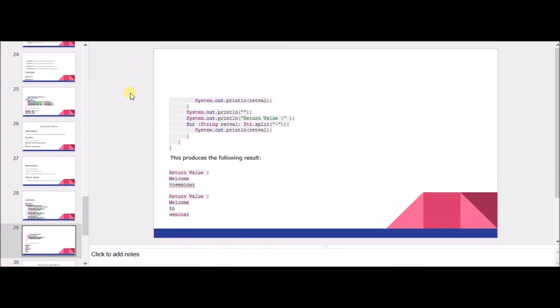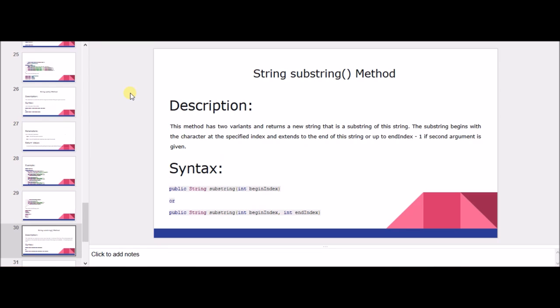Moving on to the next method. The next method, and the last method that we are going to see, is the method substring. It returns a substring of the given string. This substring begins with the character at the specified index and extends to the end of the string or up to a specified end index. Let's see the example for this program. It prints the substring of the given string seminar.